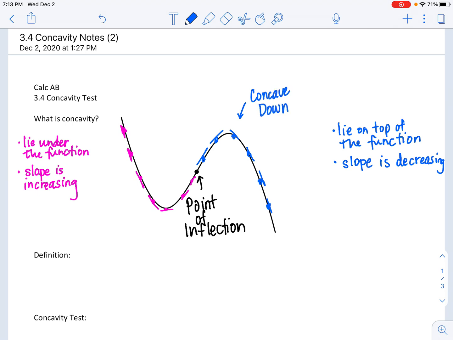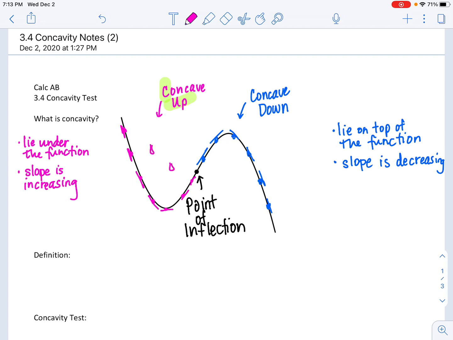Concavity really refers to the way the graph bends, and it has a lot to do with the acceleration, if you can think of it that way, of a function. We'll talk more about that in a minute. And then concave up. My high school teacher reminded me that in concave up, the C in the UP spells cup.